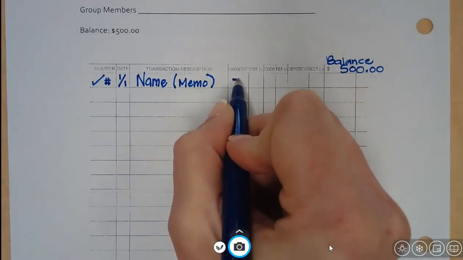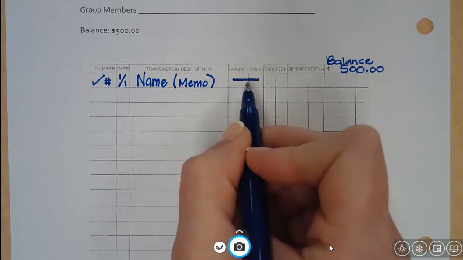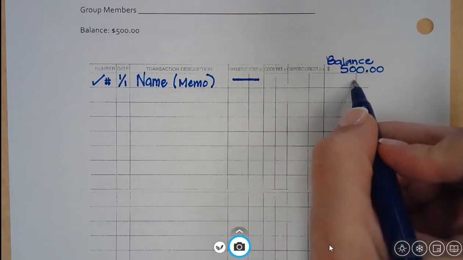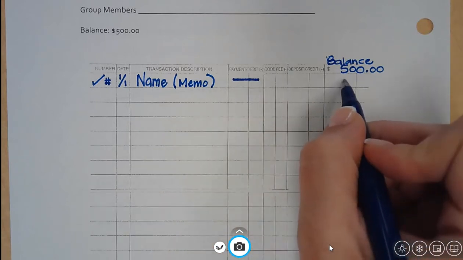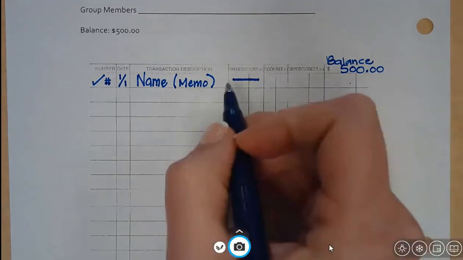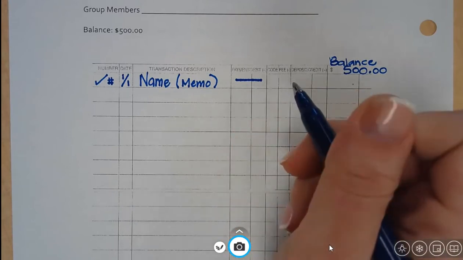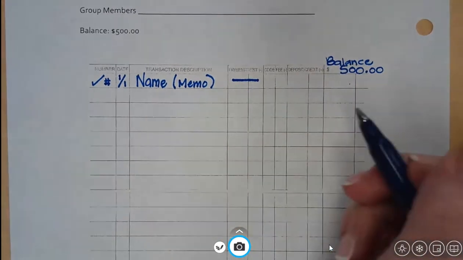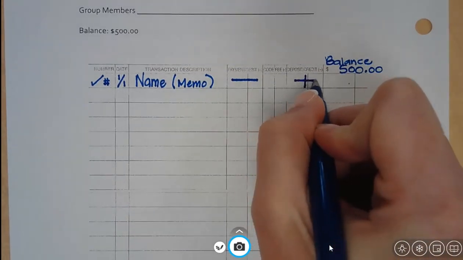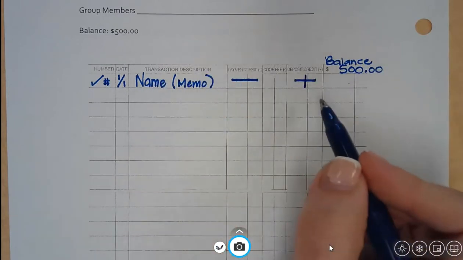If it was an amount you paid me, that would be subtracting off of your balance. So maybe you paid me $20 for tutoring. You would subtract $20 from the $500. Your new balance then would be $480. The code and the fee would come from the bank, so we're not going to do anything with those right now. A deposit amount would be if whoever you listed here had written you a check and you had deposited it.